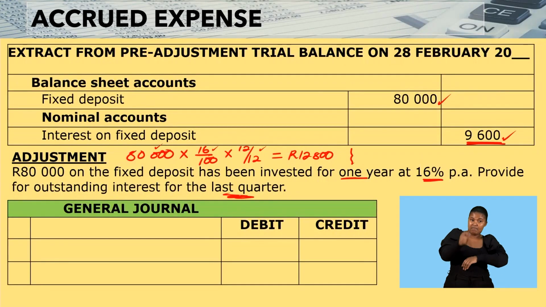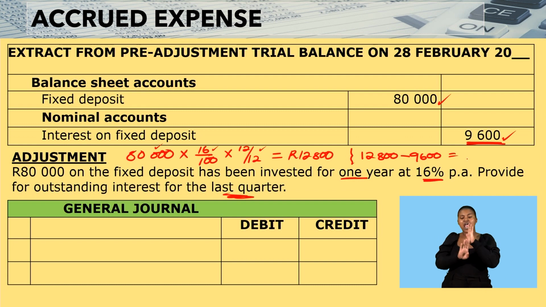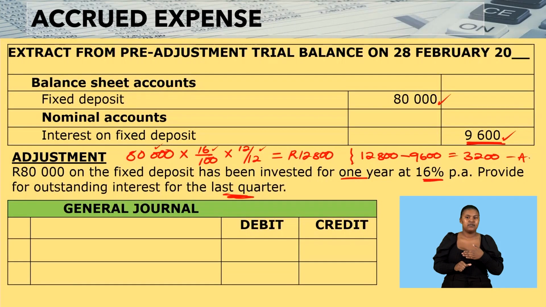That is now the interest for the last quarter. How do we get that amount? You say 12,800, that is what we must receive, minus what we have now received, which is 9,600. That gives you the difference of 3,200. This is interest that we must receive, that we have not yet received. Therefore, we call it accrued income.